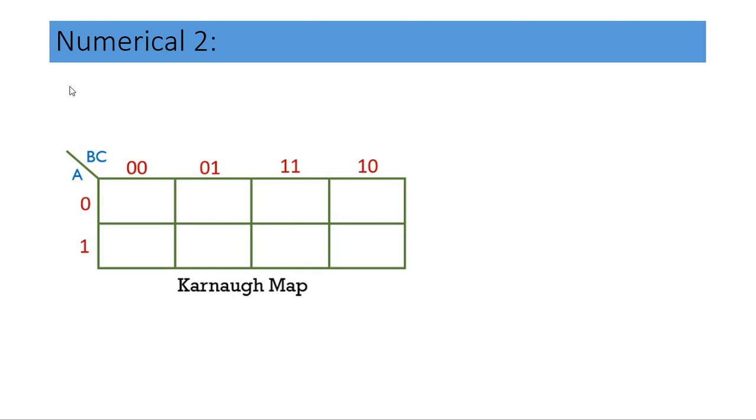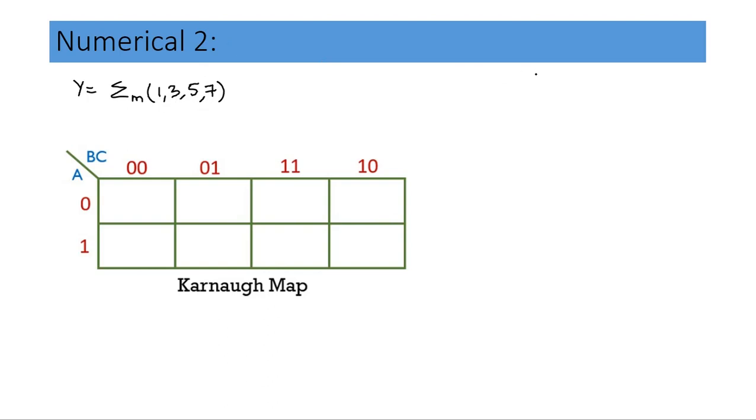In the next numerical we have y is equal to summation m 1, 3, 5, 7. So in this case, since you have understood the previous numerical, I am directly going to map the minterms. So let me consider the three variables as A, B, C. Now, you might be wondering how to consider it as two variable or three variable. That is dependent upon the minterm length.